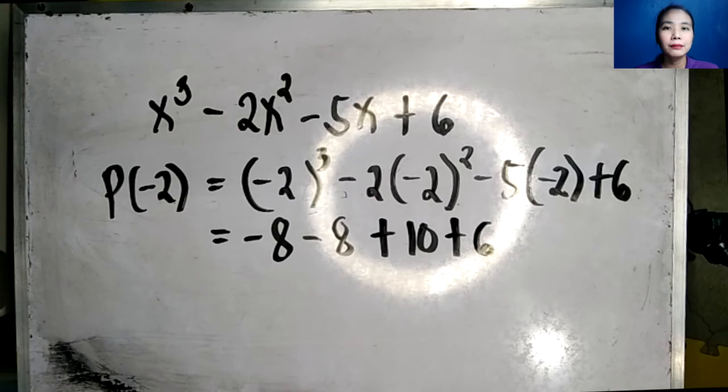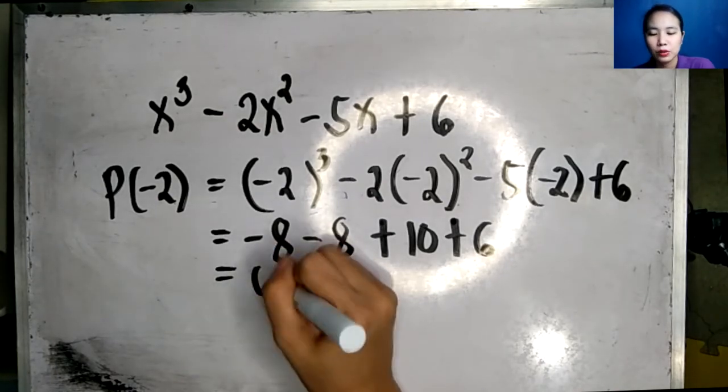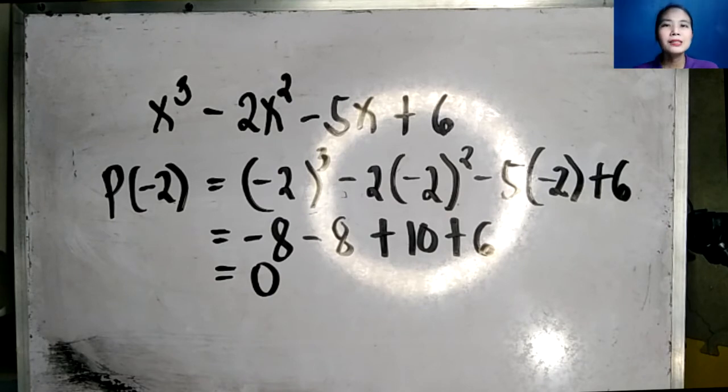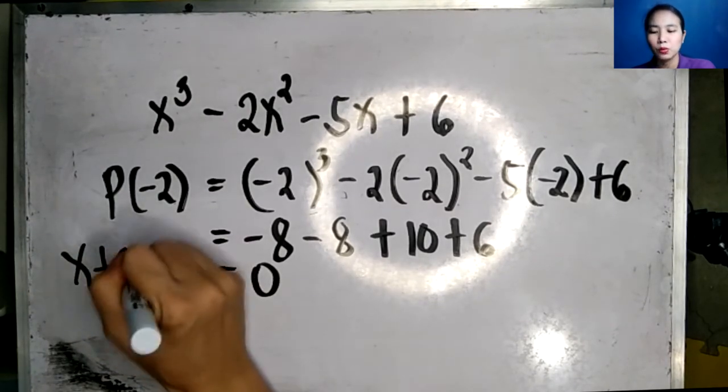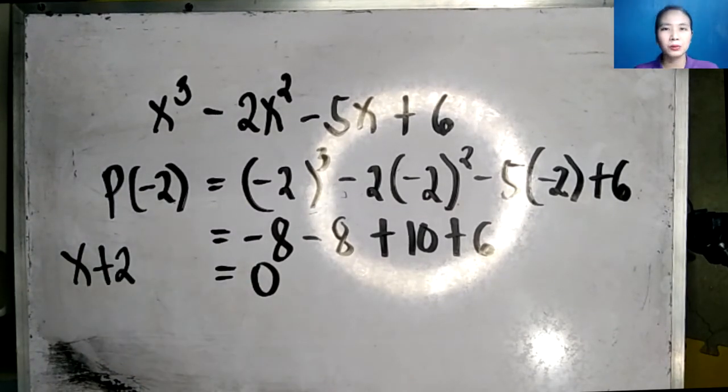And then negative 8 minus 8 plus 10 plus 6 is equal to 0. Since the remainder is also 0, we can say that yung value natin ng negative 2 ng x as converted into a factor, which is x plus 2, is a factor of x cubed minus 2x squared minus 5x plus 6.